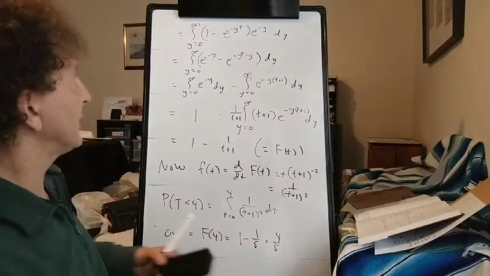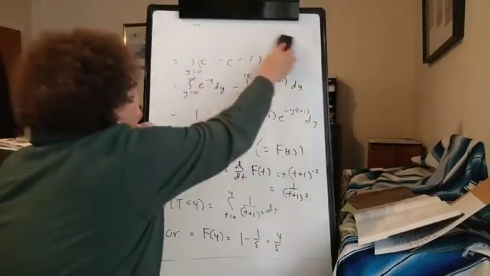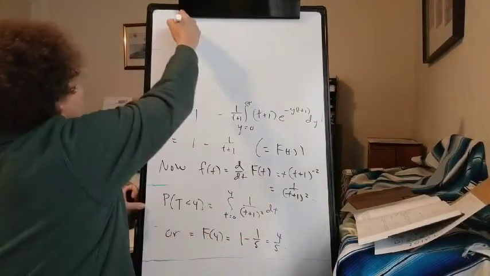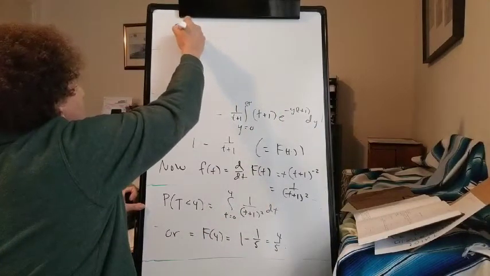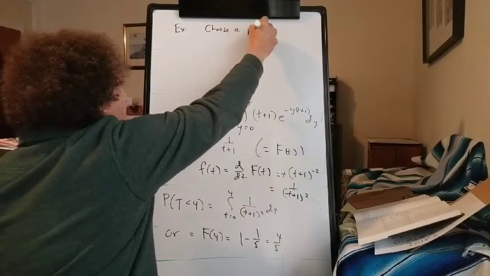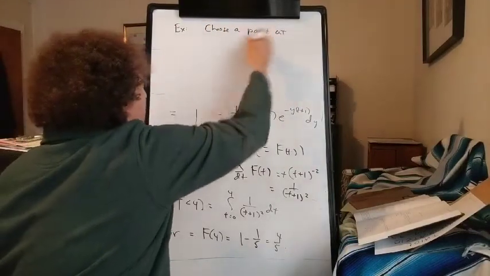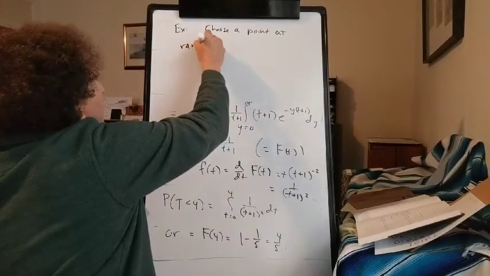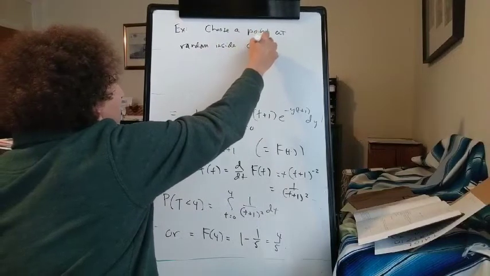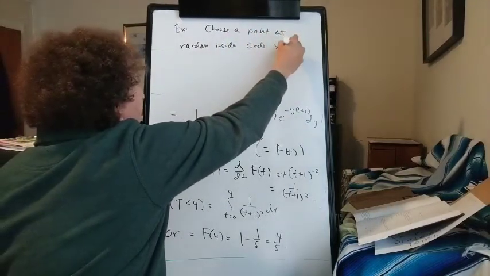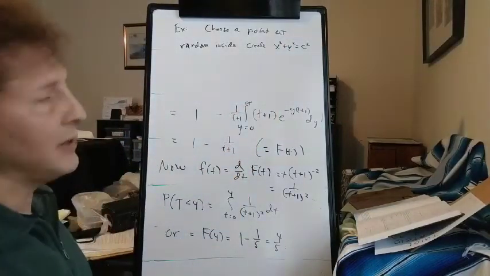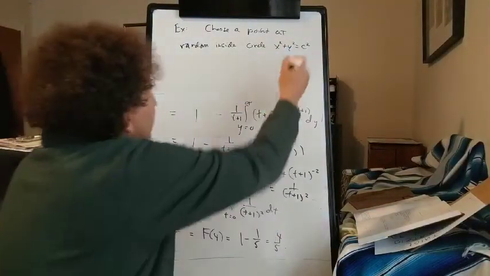All right, let's do another example. Let's choose a point at random inside the circle x squared plus y squared equals c squared. So it's a circle of radius c centered at the origin.